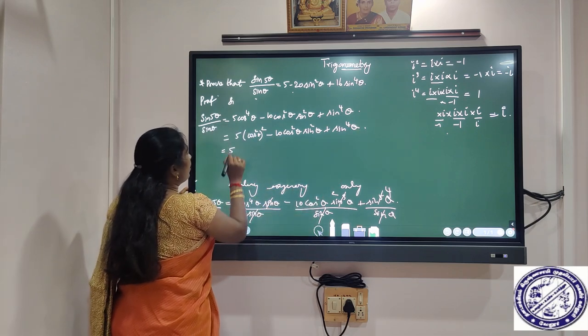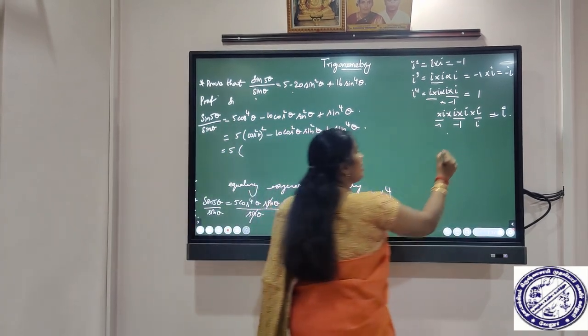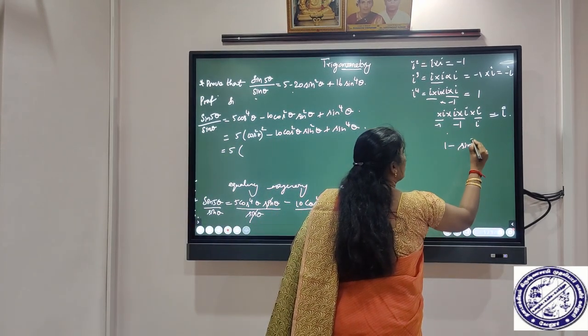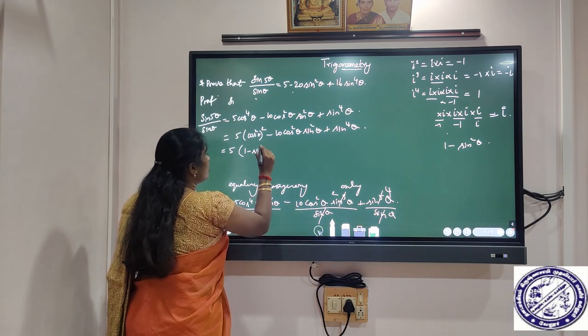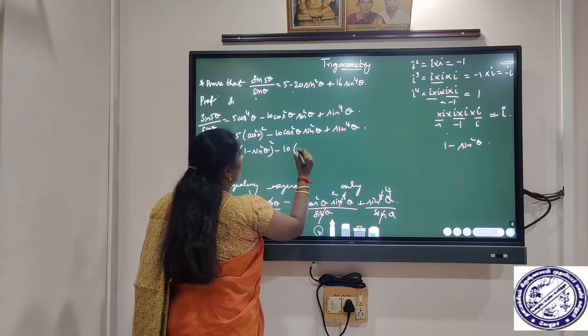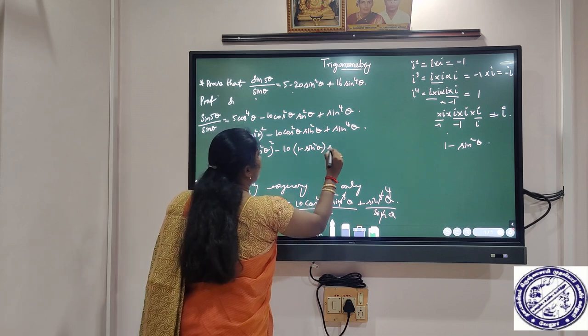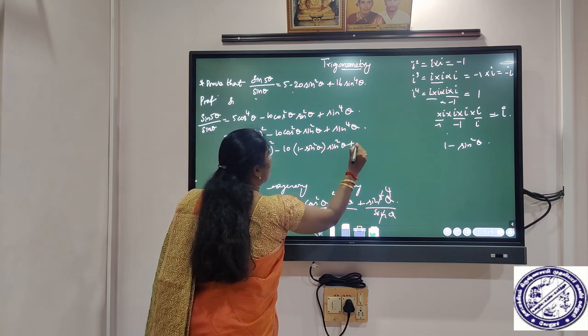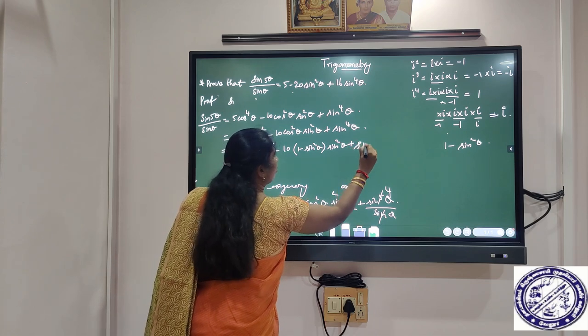Next, we already know the formula cos square theta is 1 minus sin square theta. So substitute here: 5 into 1 minus sin square theta the whole square, minus 10 into 1 minus sin square theta into sin square theta, plus sin power 4 theta.